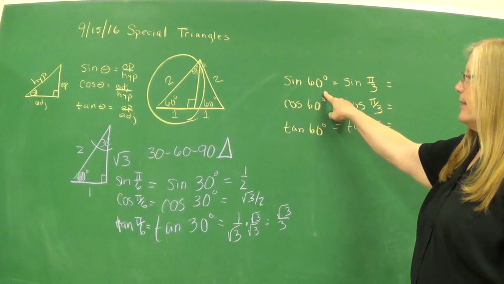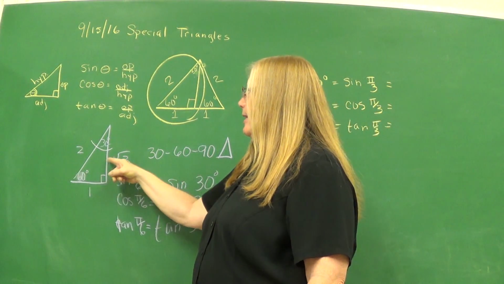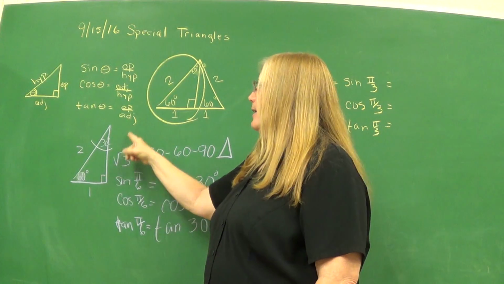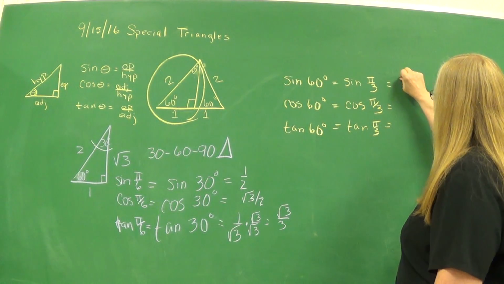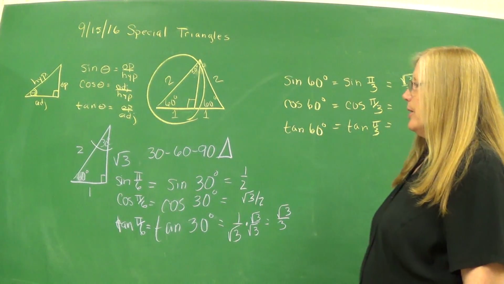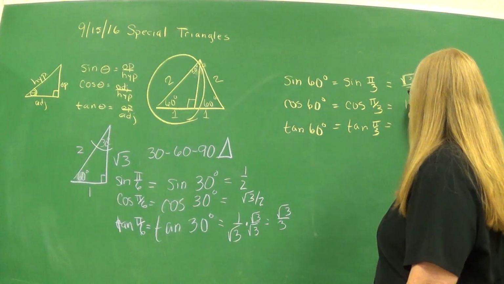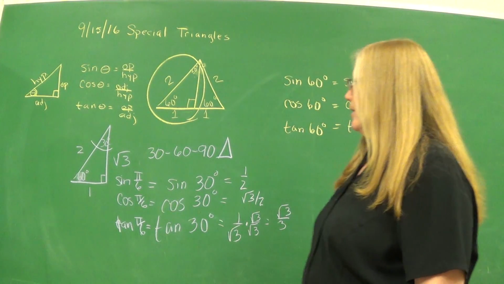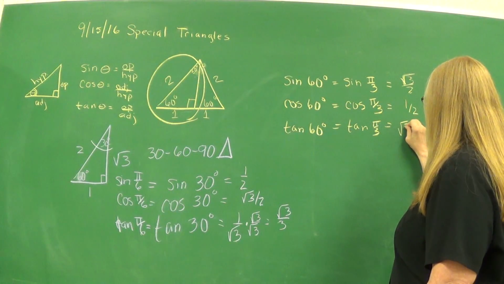So sine of 60 is opposite over hypotenuse, so we grab the side opposite of 60, which is square root of 3, and hypotenuse is still 2.